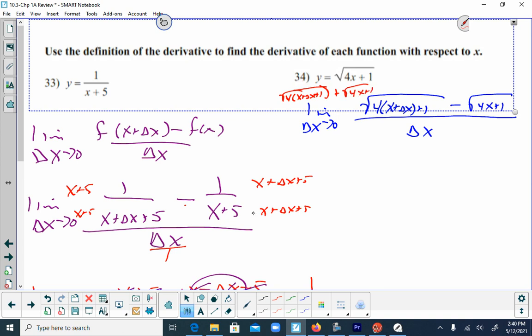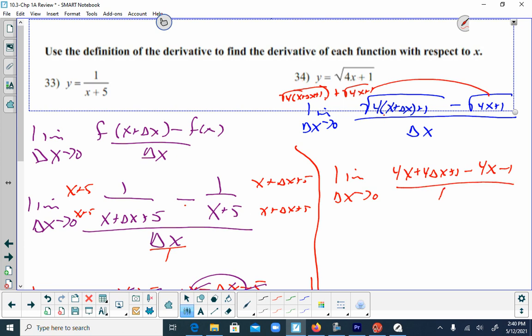So when I do that, I'm going to end up with the limit as delta x approaches 0, and then when I multiply this times this, I'm going to have 4x plus 4 delta x plus 1 minus 4x minus 1 when I distribute that negative sign, all over delta x.